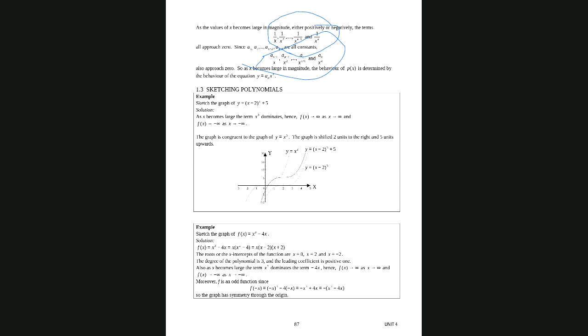Have you seen that? So that's why on a polynomial, when it's like this, as x approaches positive infinity, y approaches positive infinity. As x approaches negative infinity, y also approaches negative infinity. Can we see that? Yes, sir. Okay, good.